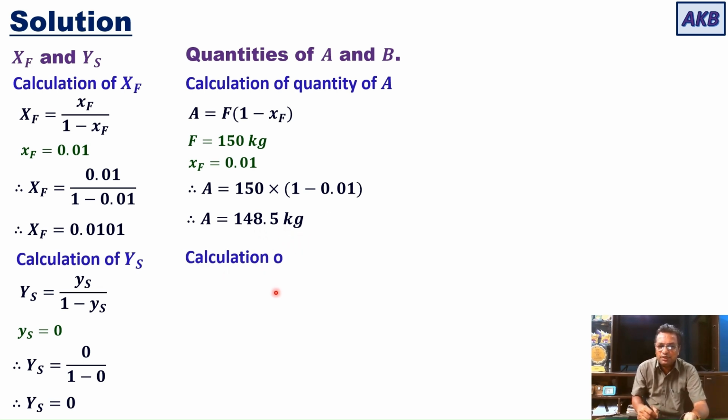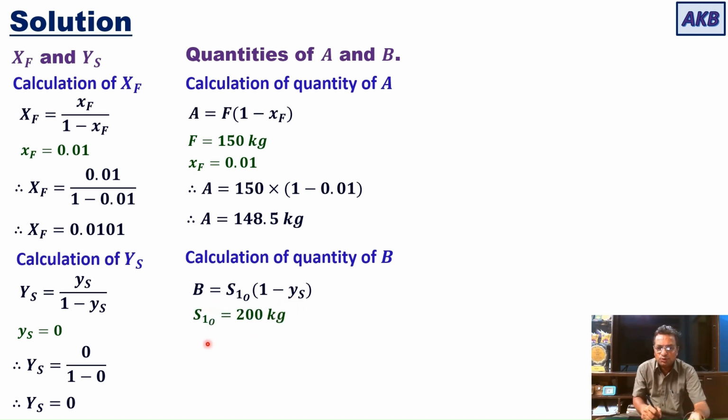Then we have to calculate the quantity of B that is present in the solvent, because the same quantity will come into the extract phase. So B is equal to S into 1 minus Ys, because Ys weight fraction is solute. The remaining would be B in it.